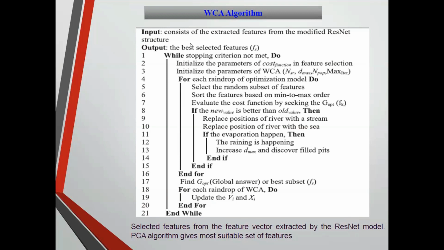And then you can apply different sorting algorithms for feature selection. Evaluate the cost function by seeking C of K. So if the new value is greater than the old, then replace the policy. New value means your present data can be verified against the past data. If you are getting the better result, then just replace it.